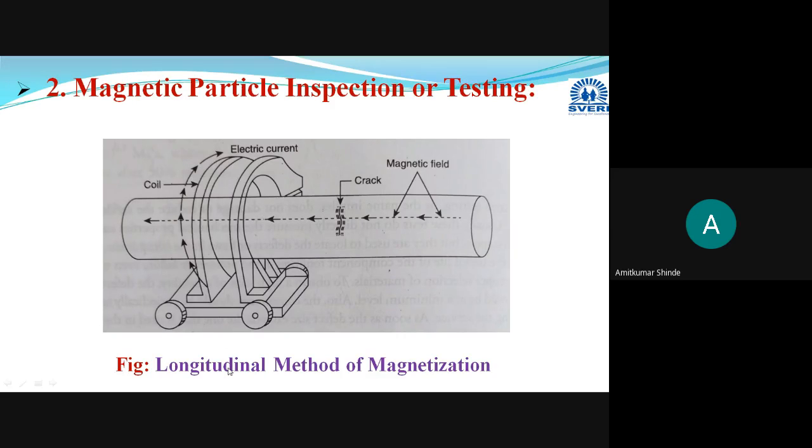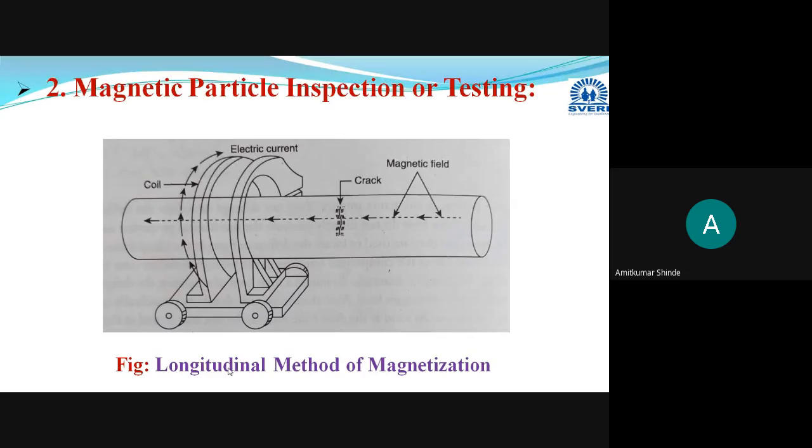In this way you can determine the longitudinal cracks and also the transverse cracks. To determine transverse cracks, longitudinal magnetization is needed, and to determine longitudinal cracks, circular or crosswise magnetization has to be done. So this is the basic concept.